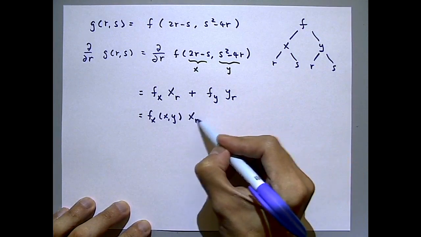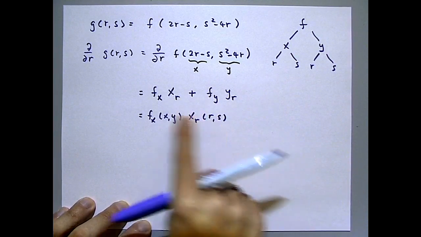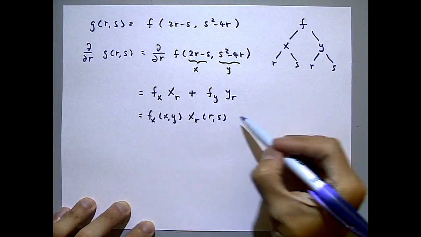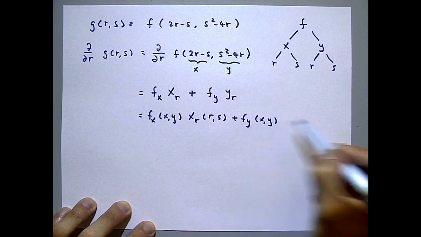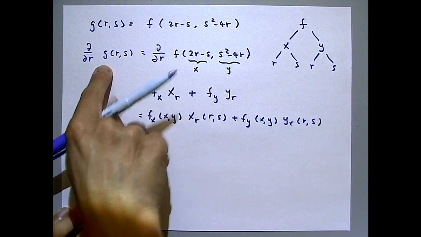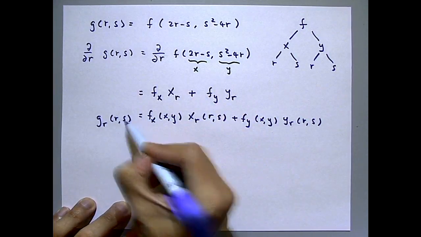And x_r is a function of r and s. Because x is a function of r and s, f is a function of x and y. So these two are still going to be the same. And the left side is g_r, g sub r, of r comma s.